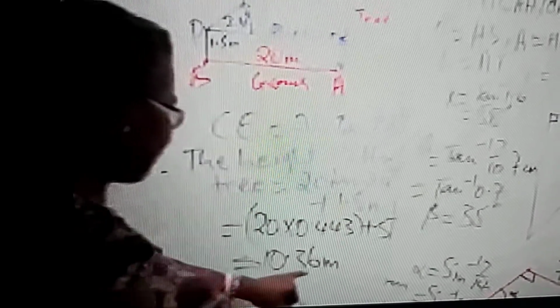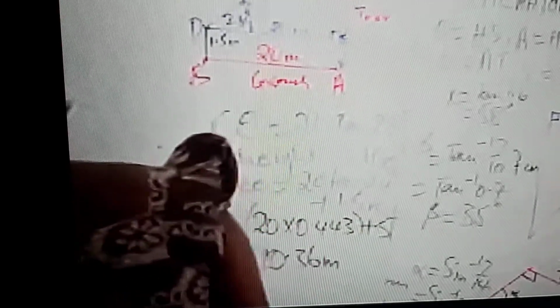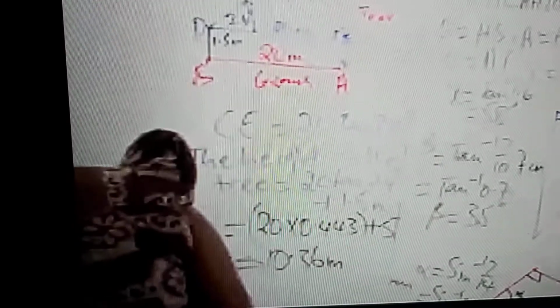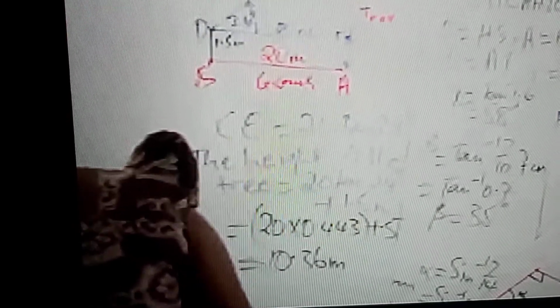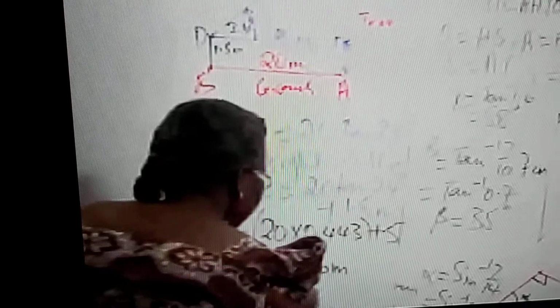To the nearest meter is 10.5. So we're going to make this 10.5 meters. Sorry, to the nearest half meter. The question is to the nearest half meter. So this is 10.5 meters.